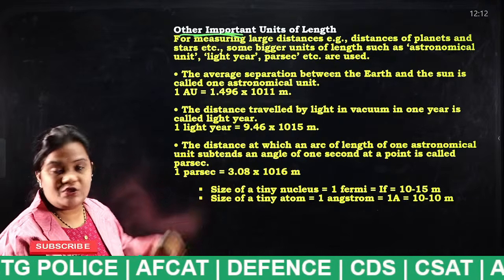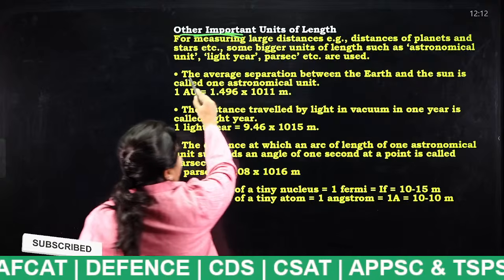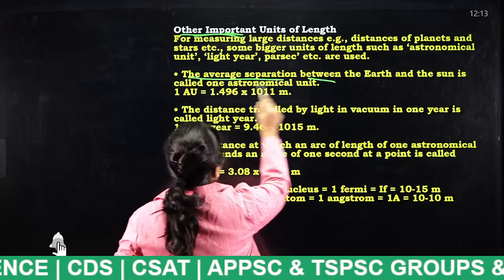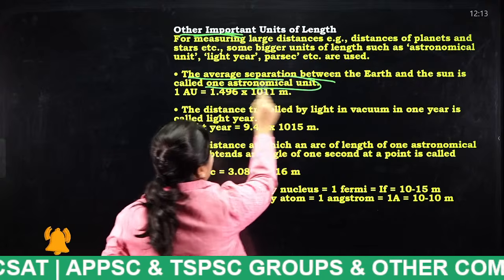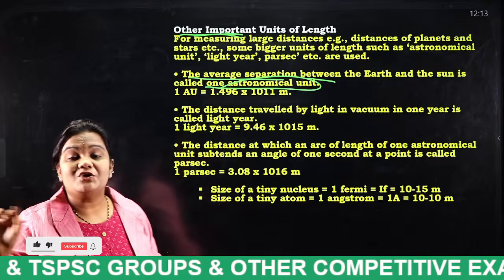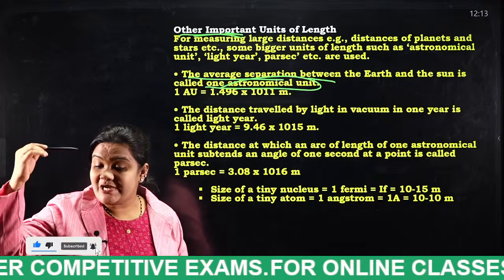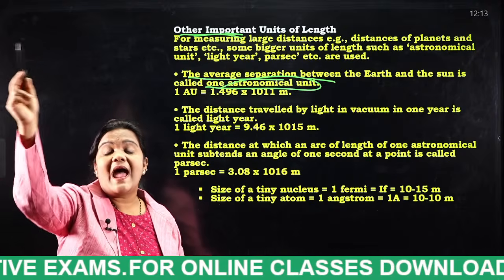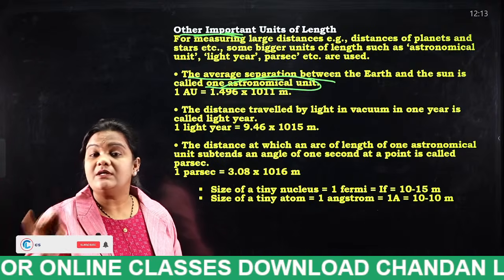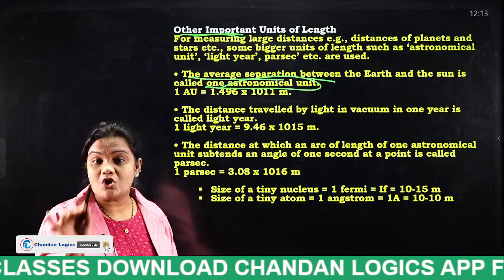What are those units? For example, the average separation between the earth and the sun is called 1 astronomical unit. What is the unit of length to measure the distance from the earth to the sun? It is not meter, it is the astronomical unit.